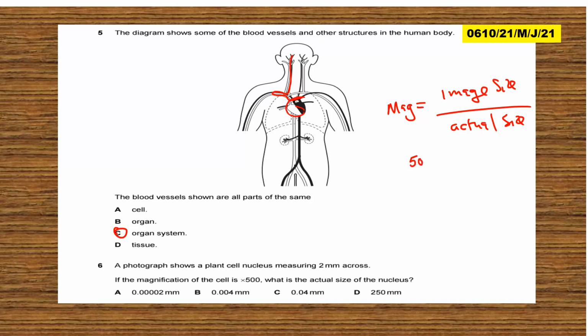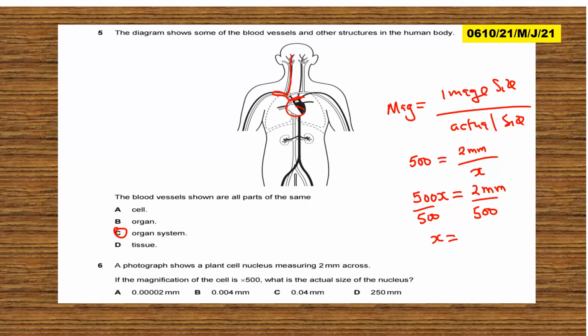So magnification is 500, equal to the image size of 2 millimeter over the actual, which we put as x. So 500x is equal to 2 millimeter, and we divide by 500, so x is equal to 2 divided by 500.